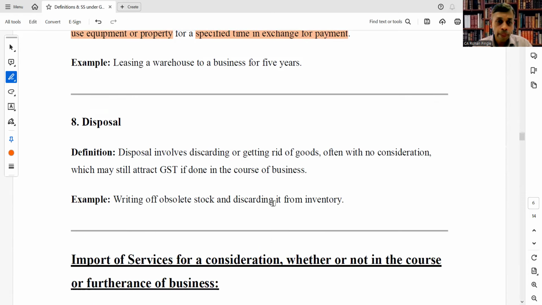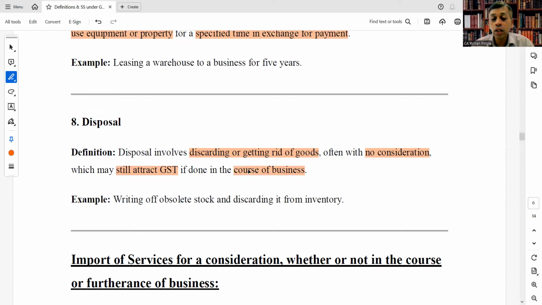Disposal. Disposal involves discarding or getting rid of goods, maybe a write-off also, often with no consideration, which may still attract GST if done in the course of the business.